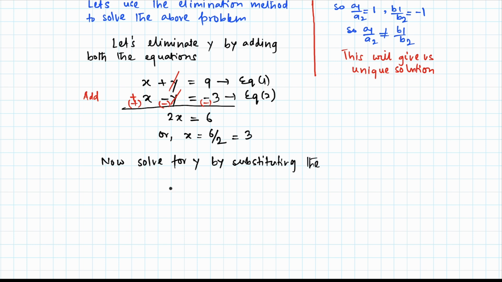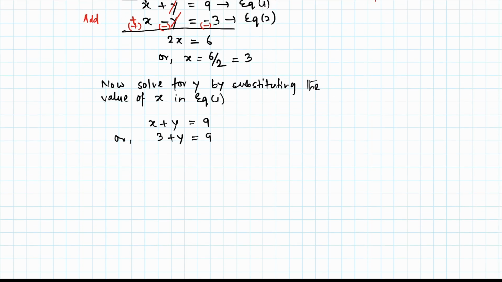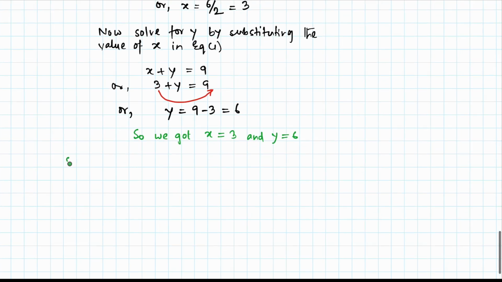Now solve for y by substituting the value of x in equation 1. So x plus y equal to 9, 3 plus y equal to 9, and we are moving 3 from the left hand side to the right hand side. So y equal to 9 minus 3, and we got y, which is equal to 6. So now we have solved both x and y. We got x equal to 3 and y equal to 6.